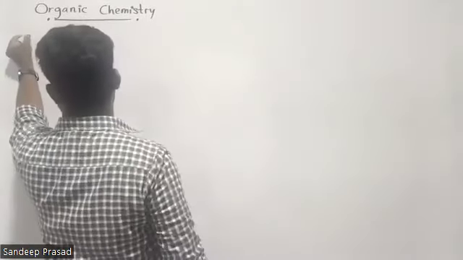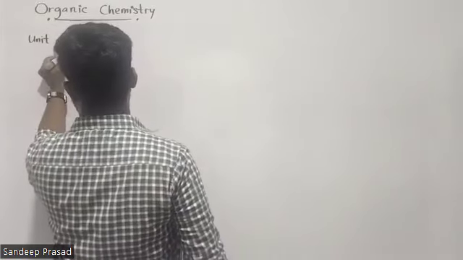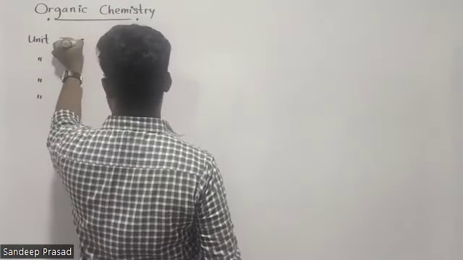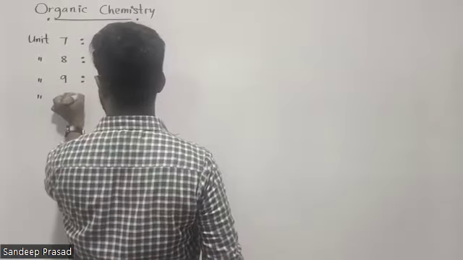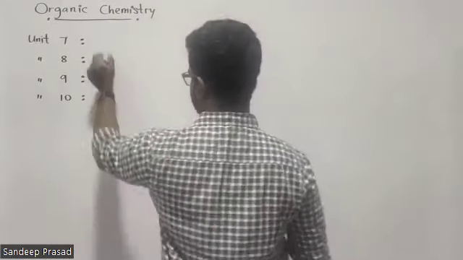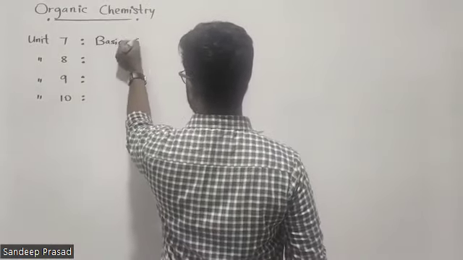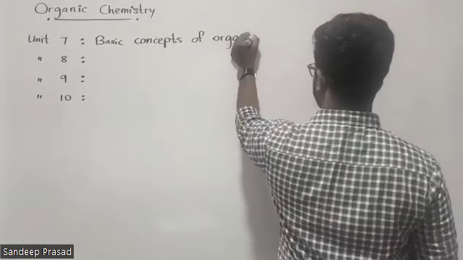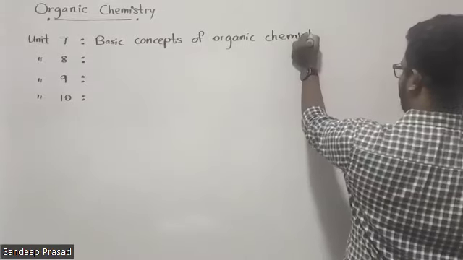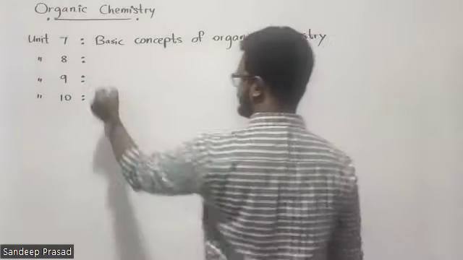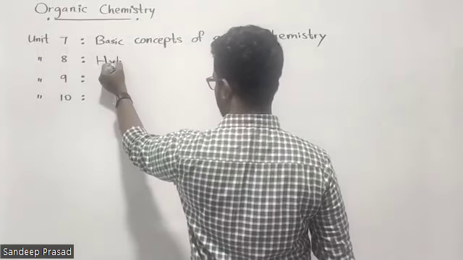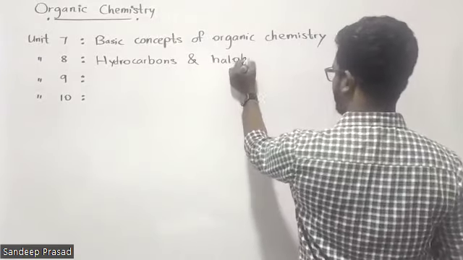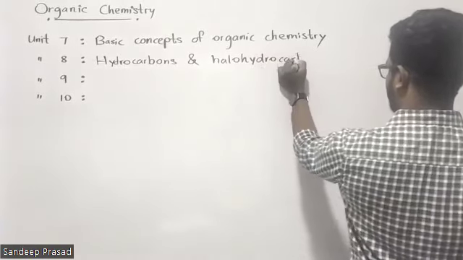Actually, unit number 7, unit number 8, 9, and 10. So these 4 units represent organic chemistry, right? Unit number 7 is basic concepts of organic chemistry, and unit number 8 is hydrocarbons and halohydrocarbons.